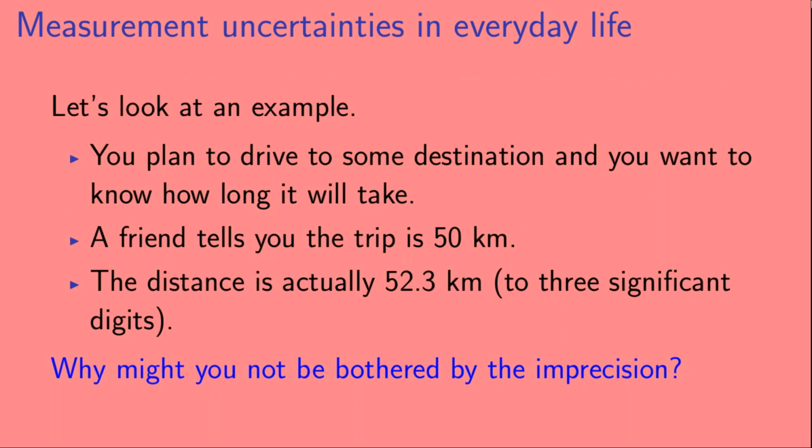So let's look at an example. Let's say that you plan to drive to some destination and you want to know how long it will take. A friend tells you that the trip is 50 kilometers. And let's say that the distance is actually 52.3 kilometers to 3 significant digits. Why might you not be bothered by the imprecision?